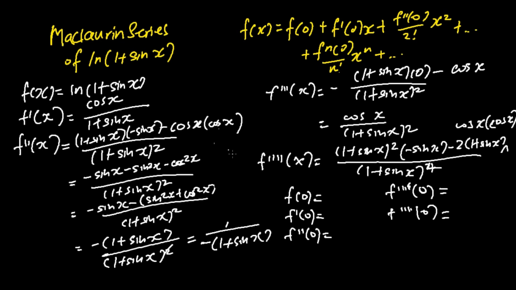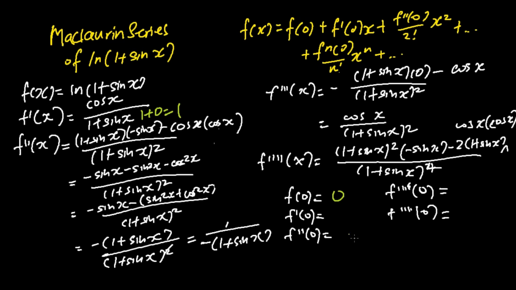Okay, so let's find what is my f(0) first. So f(0) is substituting x equals 0 into the function of x. We get basically ln(1 + sin 0), which is just ln 1, which is 0. And if we were to next substitute x equals 0 into f'(x), we get in the denominator 1 + 0 is just 1, and then in the numerator, cosine 0 is basically just 1.